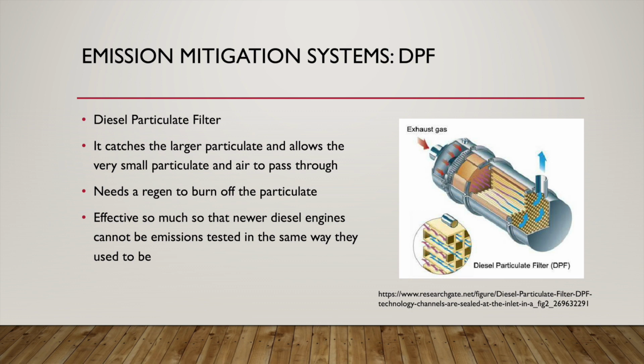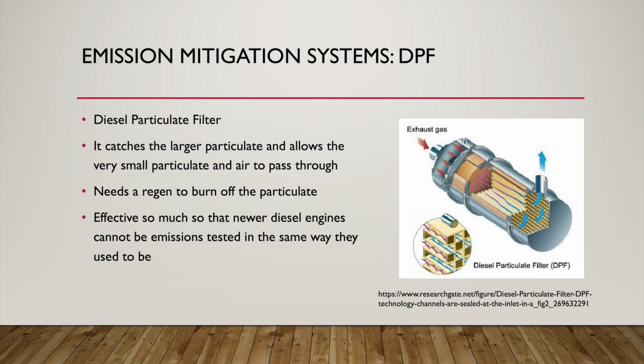What happens here is the exhaust gases flow into this ceramic straw structure, and the particulate gets stuck in there. Then the rest of the air and exhaust gases go through the ceramic and come out. And so you're left with just the particulate in the filter.